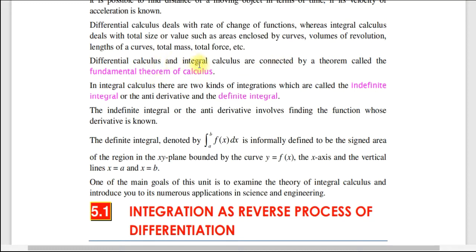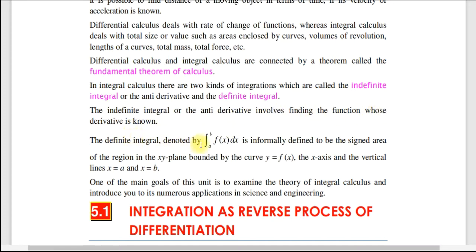Integral calculus and differential calculus are connected by a theorem called the fundamental theorem of calculus ይባላል። ሁለቱ ካልኩለሶች ወይም the two branches of calculus connect የተደረጉበት theorem which is called fundamental theorem of calculus እንለዋለን ማለት ነው። In integral calculus there are two kinds of integration which are the indefinite integral or antiderivative and definite integral. እንግዲህ ሁለቱንም indefinite ምንድነው definite ምንድነው የሚለውን ነገርም በደንብ የምናይ ነው የሚሆነው ማለት ነው። So the indefinite integral or antiderivative involves finding the function whose derivative is known.